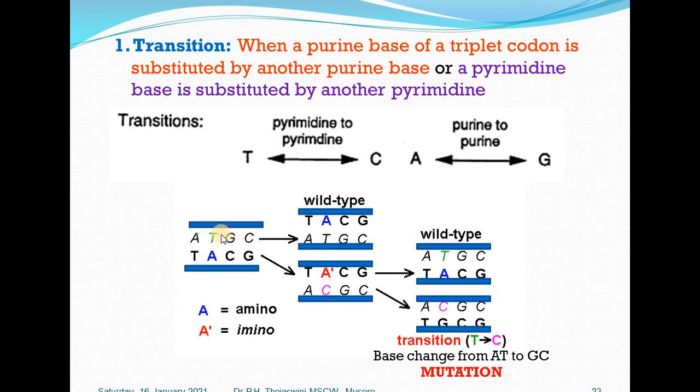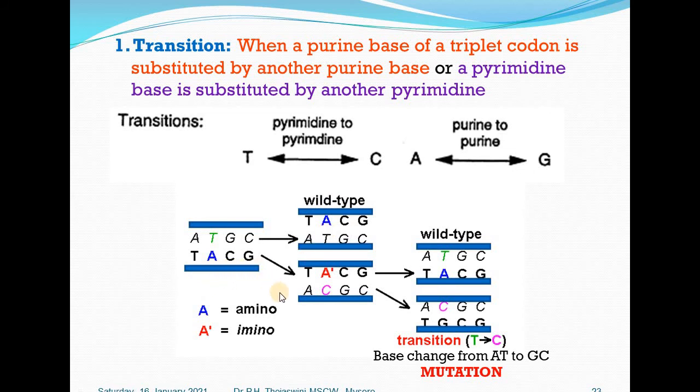Let us see, this is the gene structure A, T, G and C. So the complementary strand will be T, A, C and G. The blue color indicates the amino form of the adenine. When it is in an amino form, it is going to pair with thymine. So when this DNA replicates, this particular gene structure is formed. So this will be the same as the native one, so it is called the wild type.